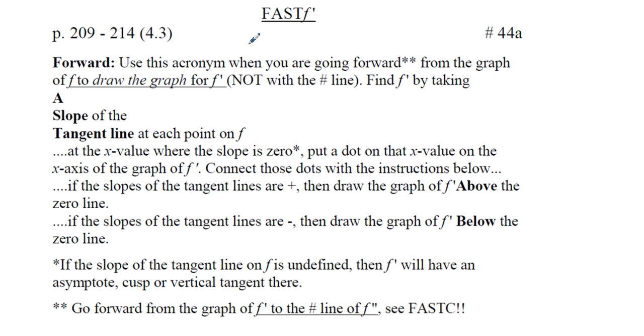This one is just different from the analysis you've seen in the past. We're going to go forward instead of from a graph of f prime to f and so forth. We're going forward from, well, we'll see, f to f prime.